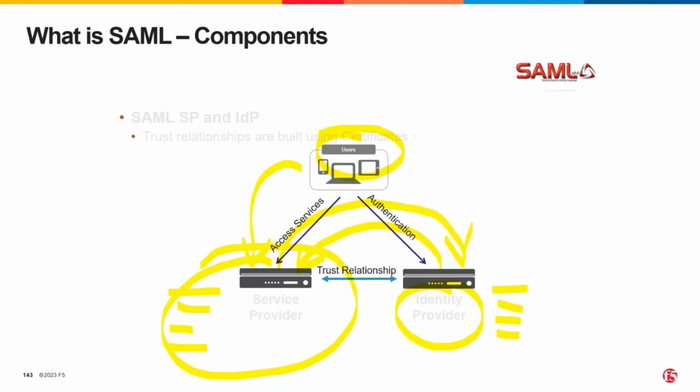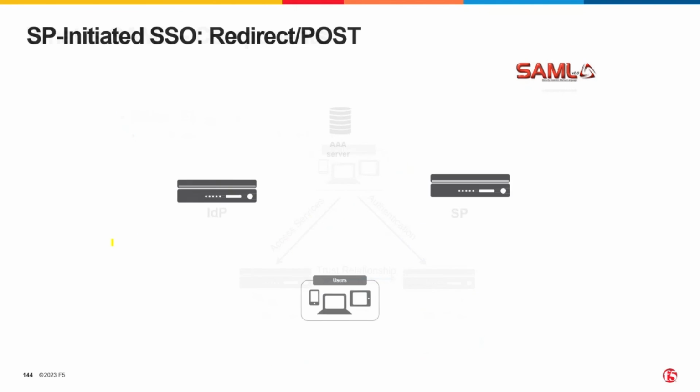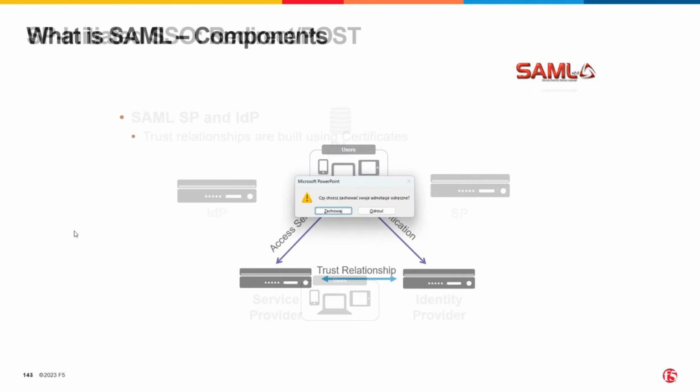And for example, F5 as a big IP and with APM module can be both in this case. So we can be service provider or identity provider when we try to integrate with some services. Okay, sorry for that.